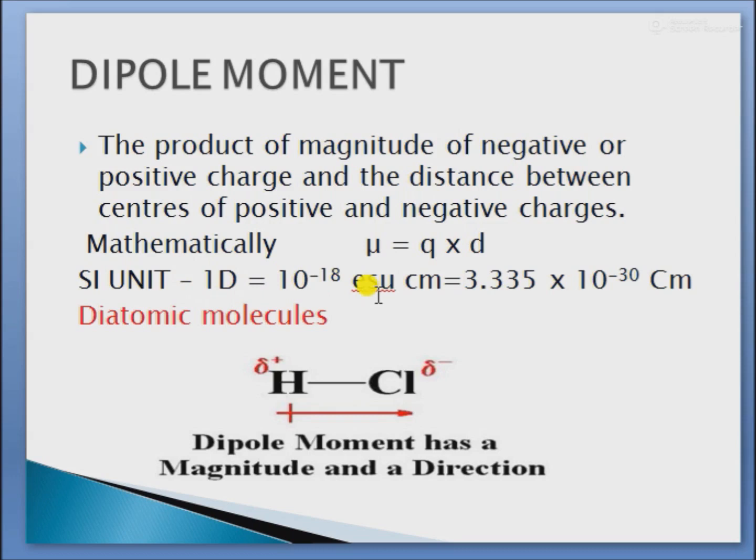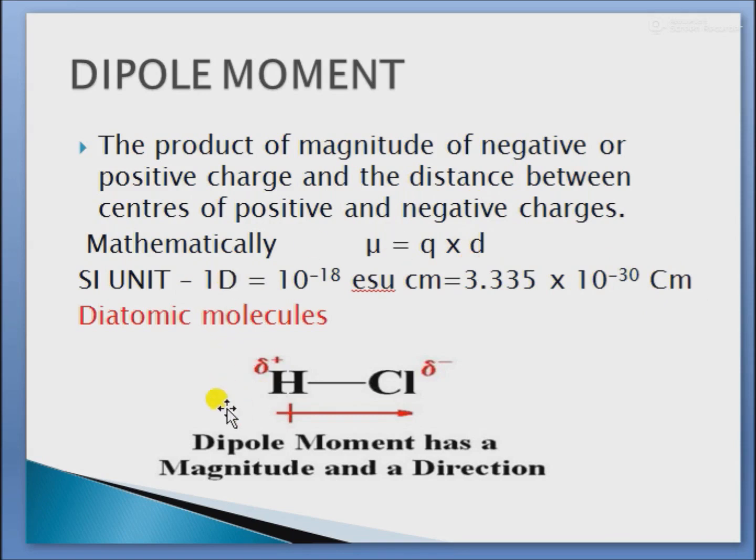ESU is the electrostatic unit, and centimeter, which is equal to 3.335 into 10 to the minus 30 coulomb meter. This is not centimeter, it is coulomb meter. Coulomb is for charge and meter is for distance between the centers of positive and negative charges.